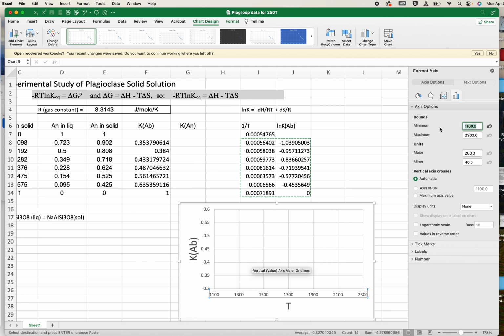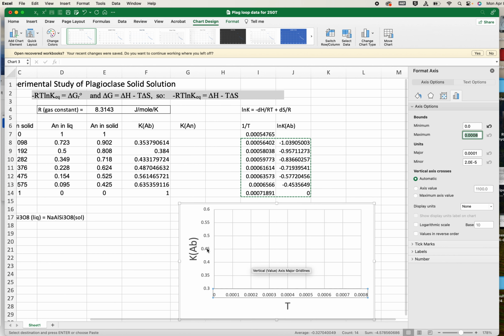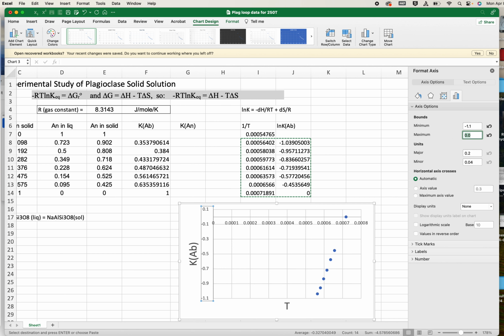So we want to go down to 0 and a maximum of 0.0008 will probably work. And then for the natural log, we're going from a minimum of minus 1.1 up to, we can go to 0.